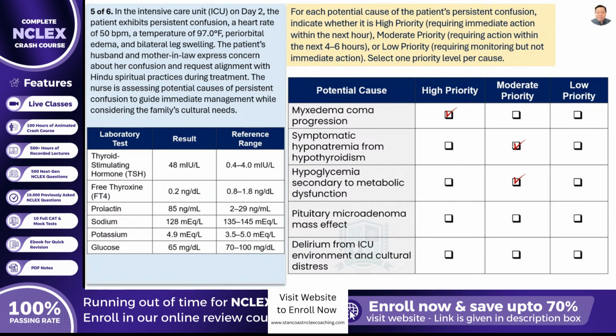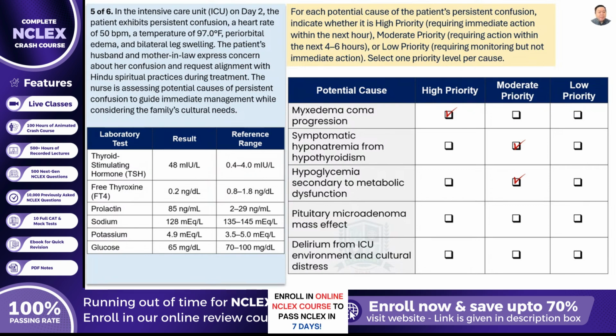But right now, it's not the driving cause of her mental status change. Again, we are only going to consider this a high priority if her glucose went below 50 milligrams per deciliter, and if she developed more neurological symptoms, then that becomes an emergency. And this is going to call for an intravenous injection of D50.